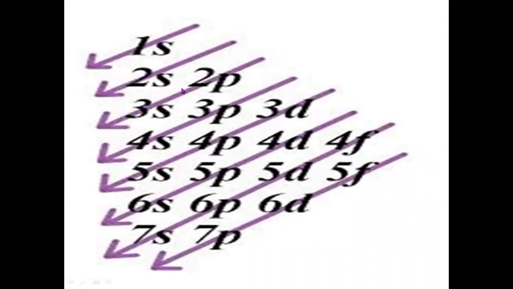This diagram, which is generally called the Moeller diagram, helps us to remember the orbitals with respect to their energy, and we can write the increasing order of energy for orbitals. 1s, then 2s, then 2p, 3s, 3p, 4s, 3d, 4p, after that 5s.